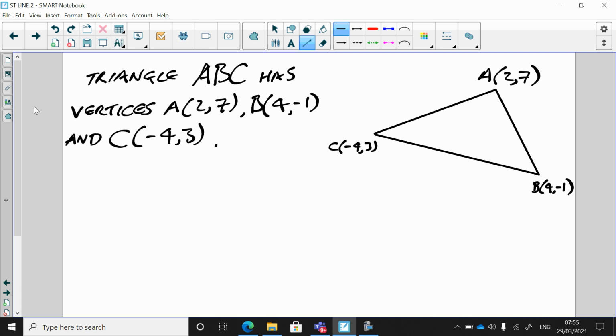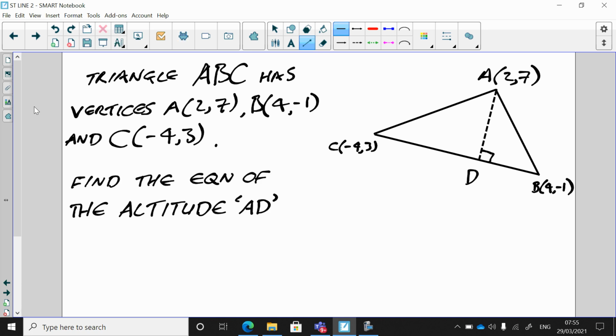Okay, again, it's giving you a little triangle there. We have the coordinates of it, and they're probably going to look for an altitude here. Yep, find the equation of altitude AD. We'll get 1 point on it, A, but we're going to go to D. AD is perpendicular to the line BC or CB.